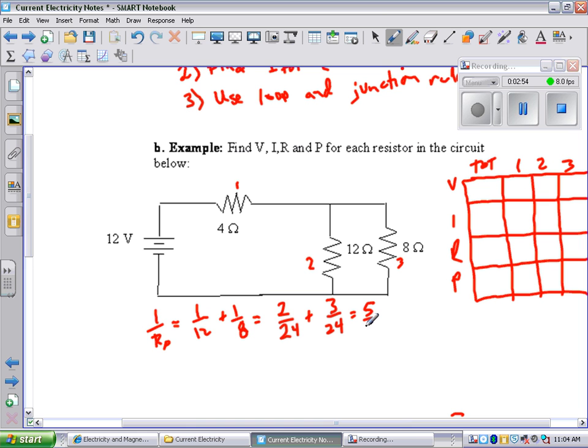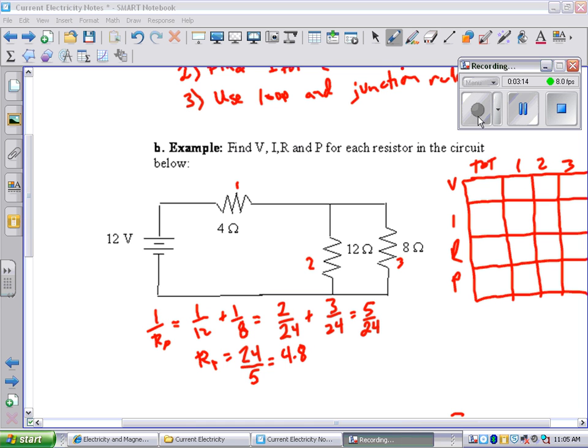Now remember, that's not our resistance, that's 1 over the resistance, the reciprocal. So the parallel part, RP, is going to be 24 over 5. If we divide that out, we get 4.8 for the parallel part. So this is equivalent to a single 4.8 ohm resistor.